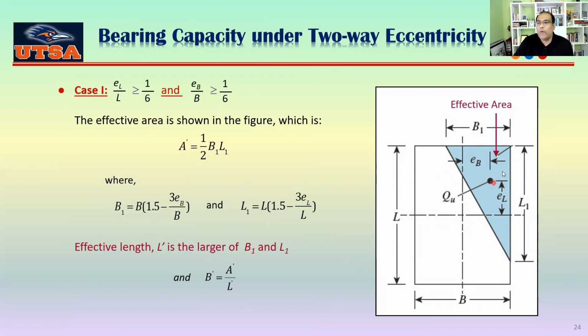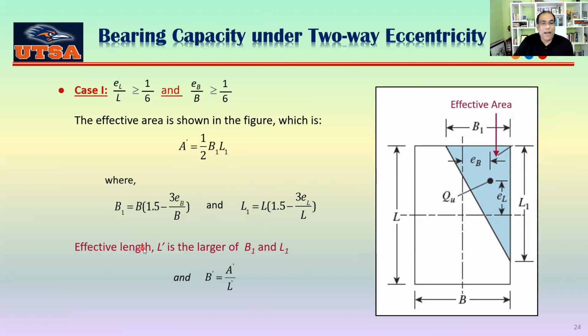Now, how do you find the effective area? That's basically my effective area. If this is B1 and this is L1, then this area would be half into B1 into L1, where B1 equals B into (1.5 minus 3eB/B), and L1 equals L into (1.5 minus 3eL/L). From these equations I find my effective area.